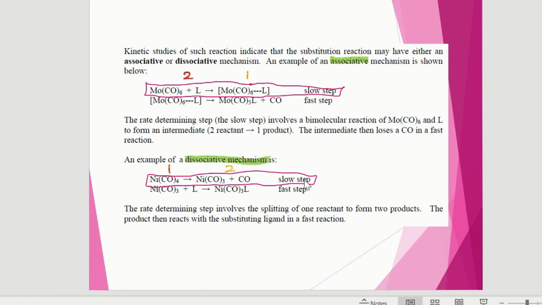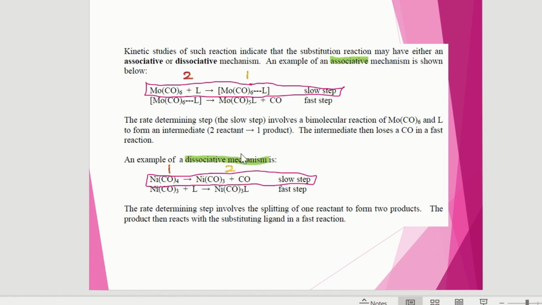Then the product reacts with the substituting ligand in the fast reaction. So after the split, meaning they have lost one CO, one carbonyl, the new ligand is introduced, and we get the new product with the new ligand.